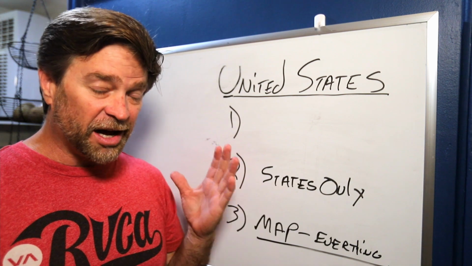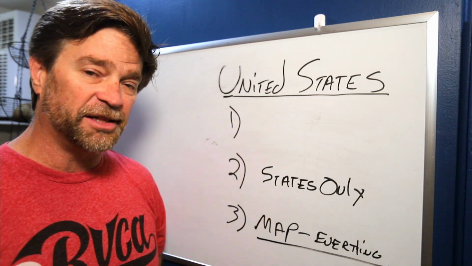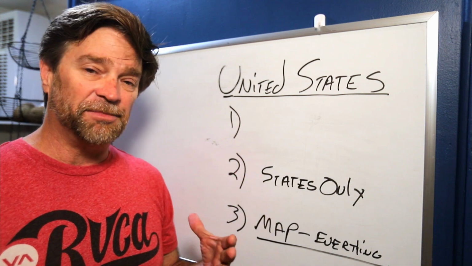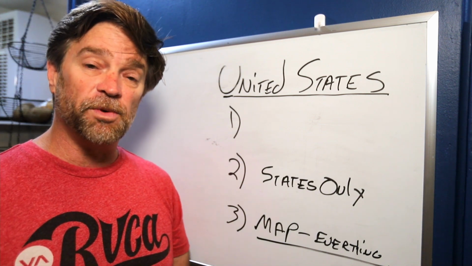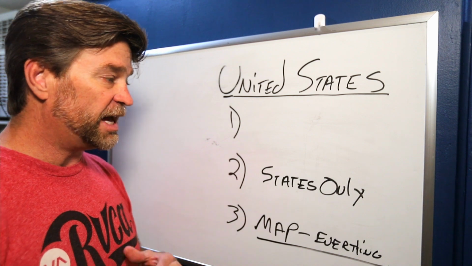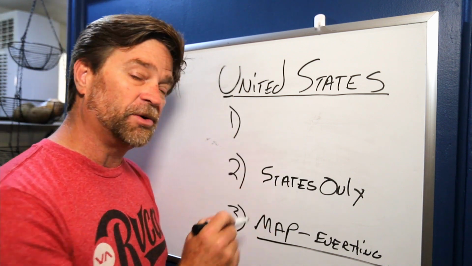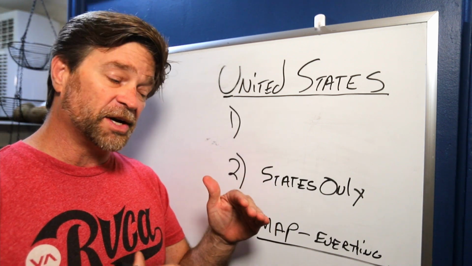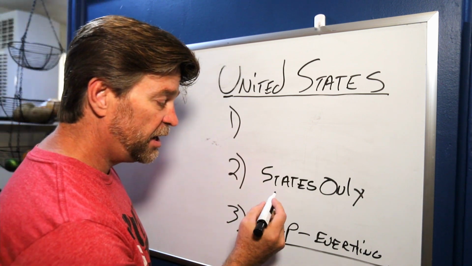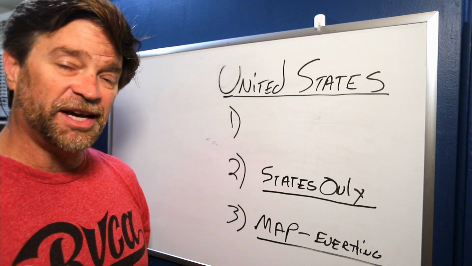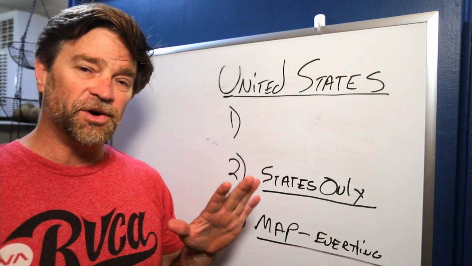So if it's something other than a state, it is not included in this definition. An example of this being used was when the king signed the Treaty of Peace with the United States. In that term, it was referred to the states only, and in the Treaty of Peace, it goes on to enumerate each state individually. A very important time, and so the term United States can mean states only.